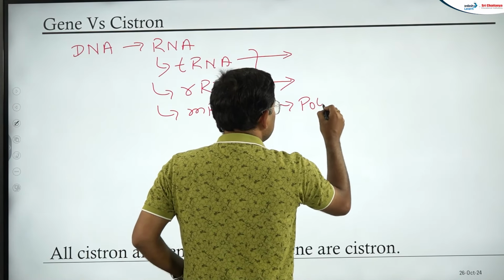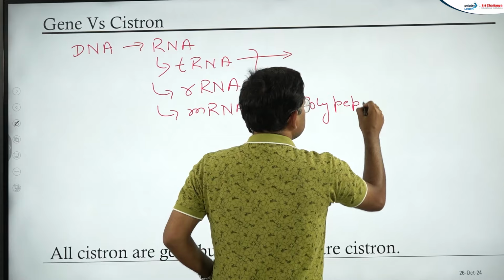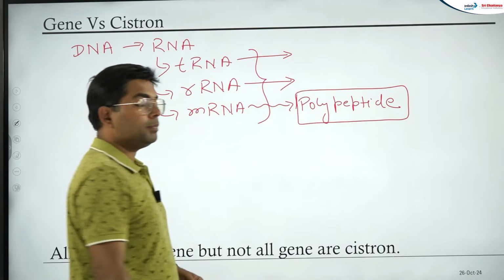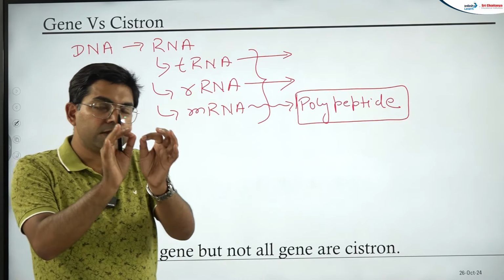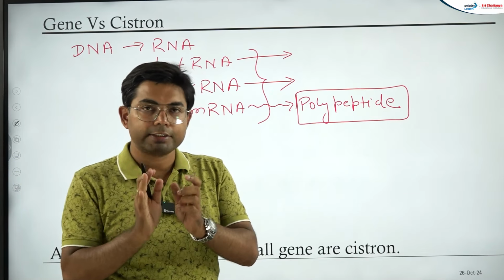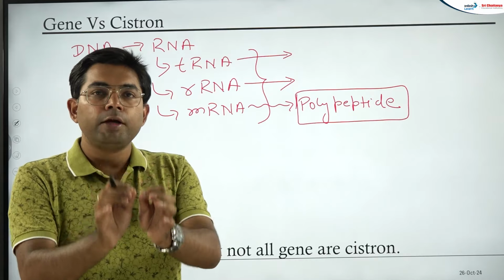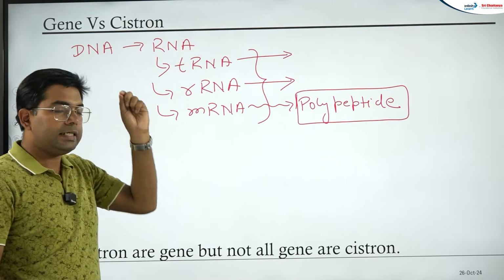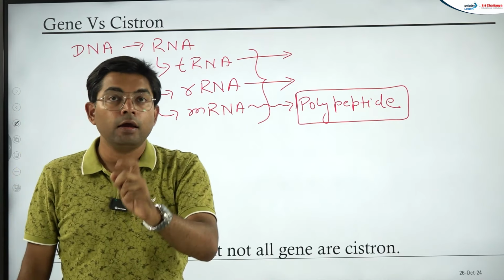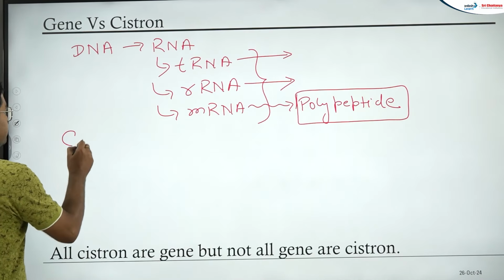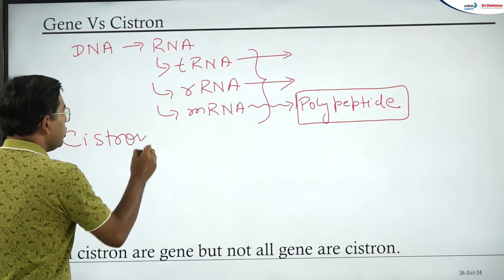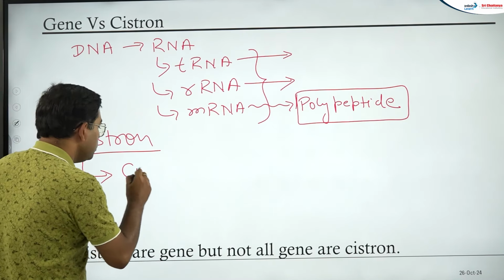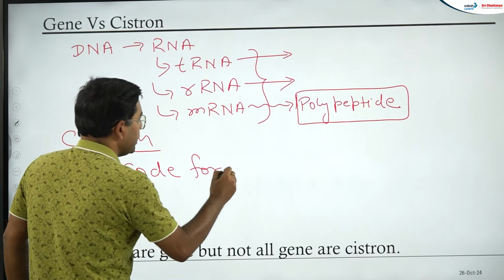mRNA will be forming a polypeptide. So now comes the difference between gene and cistron. Listen very carefully. A gene is the segment of DNA which can code any of these: tRNA, rRNA or mRNA, but a cistron is the segment of DNA which codes for a polypeptide.